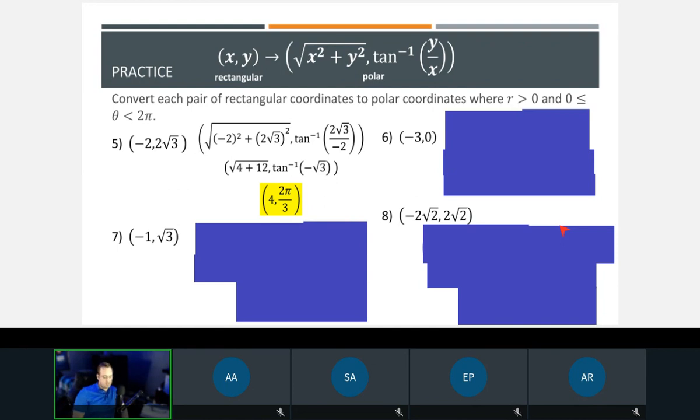Well, it's not in quadrant 2, it's between quadrant 2 and quadrant 3. So if you plot that point, you'll see you're going left 3, then up and down 0 for that point.